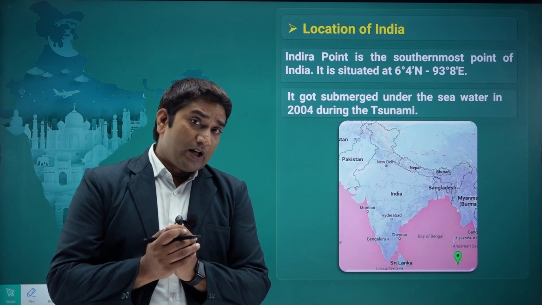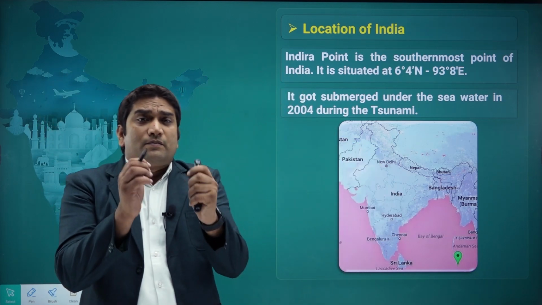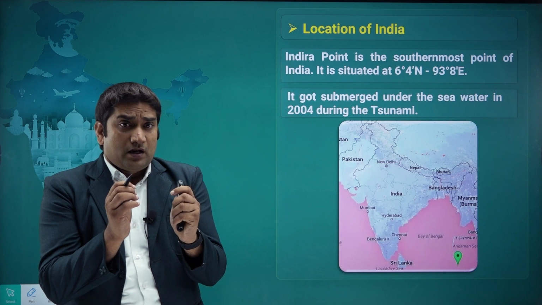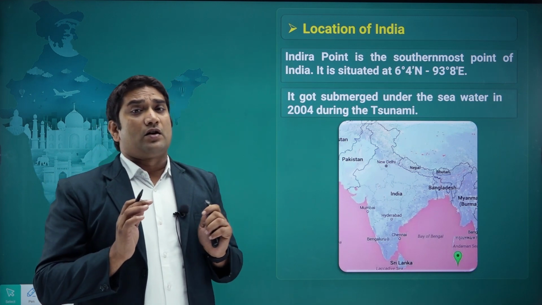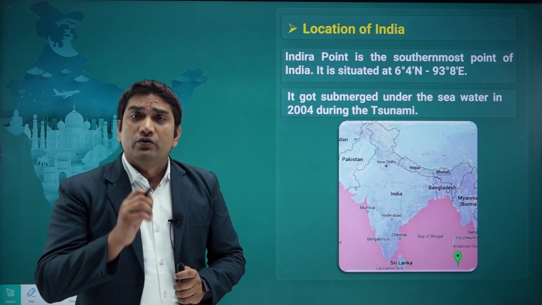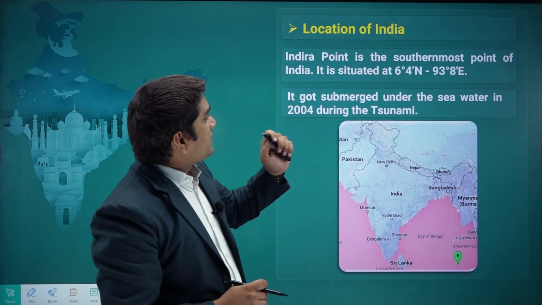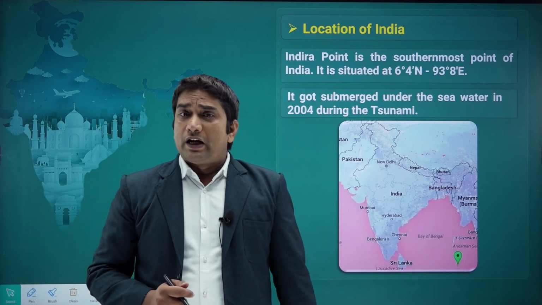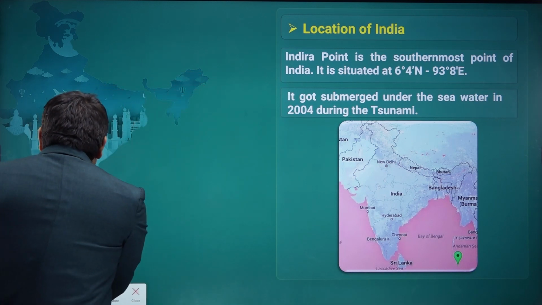Here it is written Indira Point. Indira Point was the southernmost point of India until 2004, but now it is not, because it got submerged under the sea water during the tsunami in 2004.